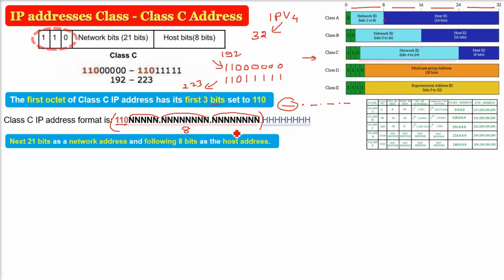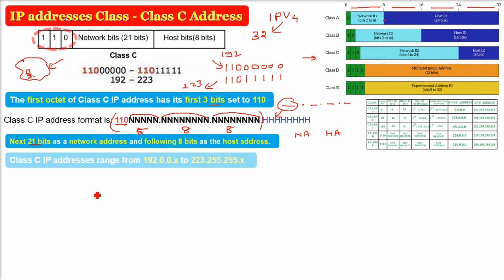These 21 bits after 110 indicate the network address, which can be computed using the subnet mask. The next 8 bits, the last octet, is the host address. So you can have multiple networks given by 21 bits, and then inside that, what computing device you have is the host address.